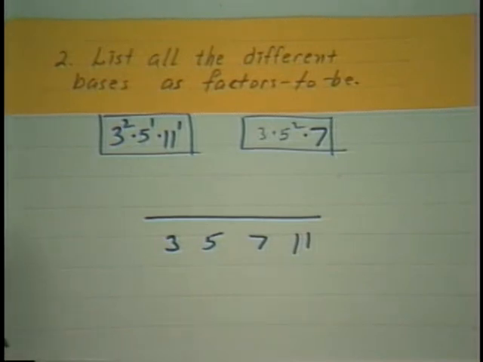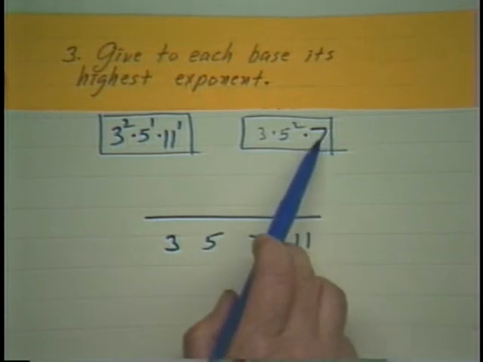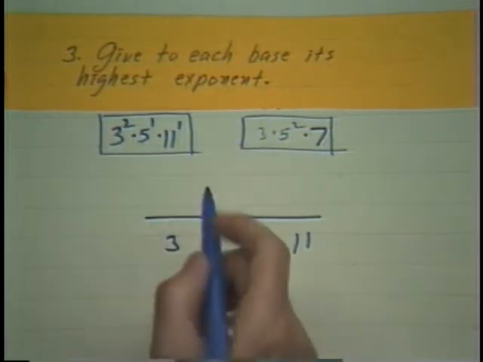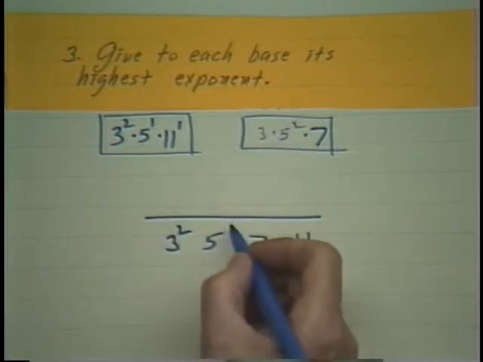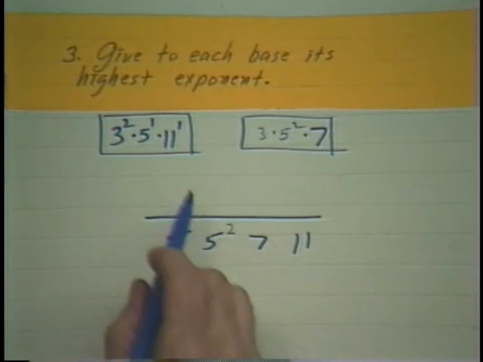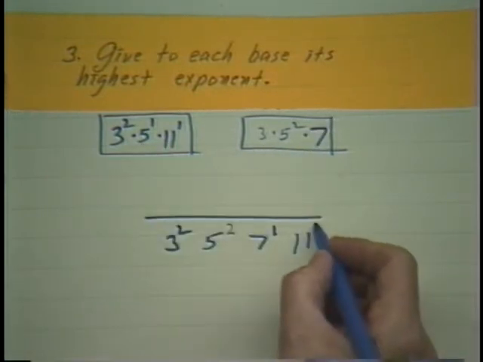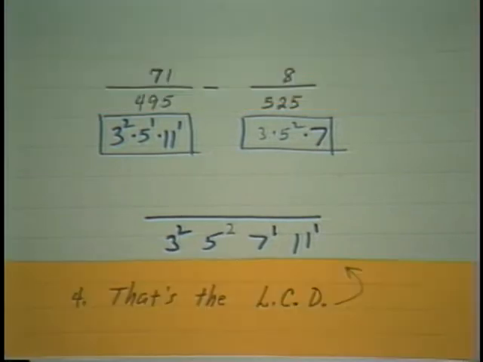And then give to each base the highest exponent used up here. So on 3, the highest exponent is 2. On 5, the highest exponent is 2. On 7, the highest exponent is 1. On 11, the highest exponent is 1. And that number is the lowest common denominator.